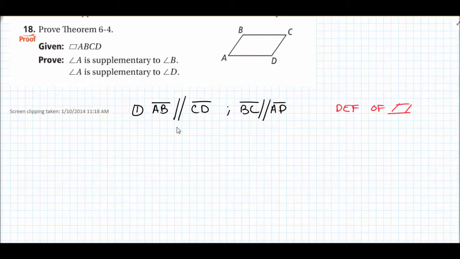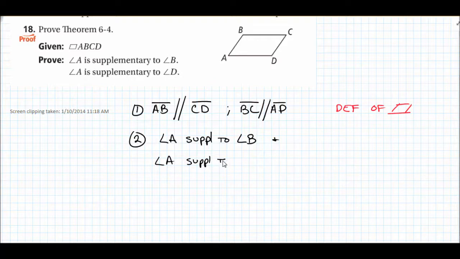Step 2 for us. Angle A has got to be supplementary to angle B, and angle A has got to be supplementary to angle D, because we know two parallel lines, which we've already stated, AB is parallel to CD, and AD is parallel to BC.